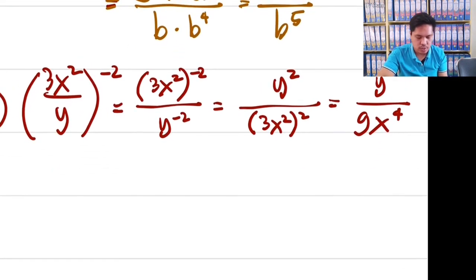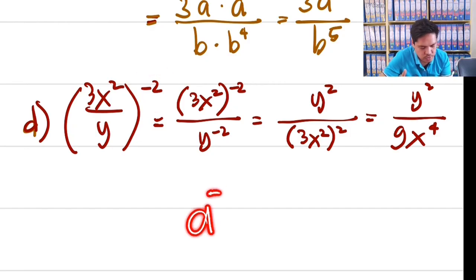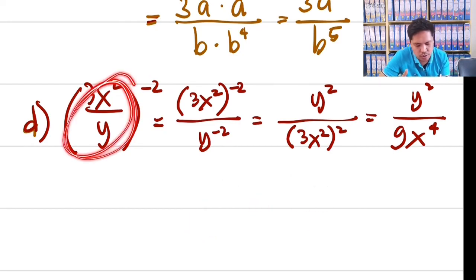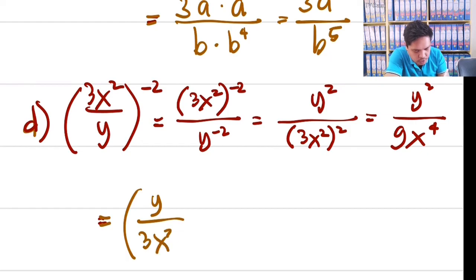Okay, another way of solving this. Ito, pwede din natin gawin ganito. Since negative yung exponent niya, we need to change this into its reciprocal. Kasi negative yung exponent. Ganun naman ginawa natin, di ba? A raised to negative m, get the reciprocal. So, ito, the reciprocal of this is just flip. I-flip lang natin, balik na rin. So, that is equal to reciprocal, y over 3x squared.